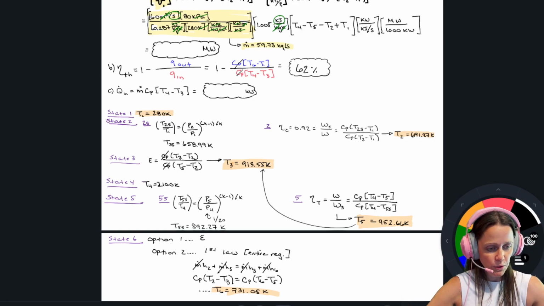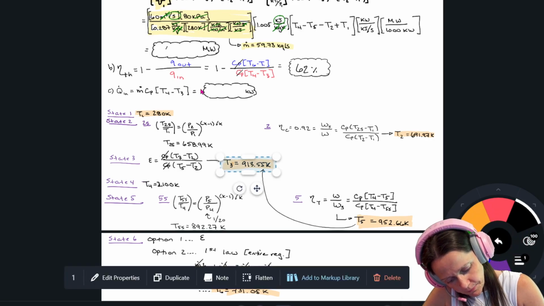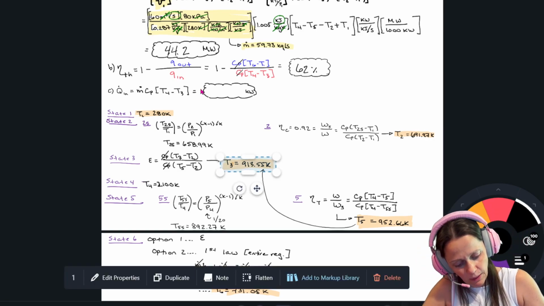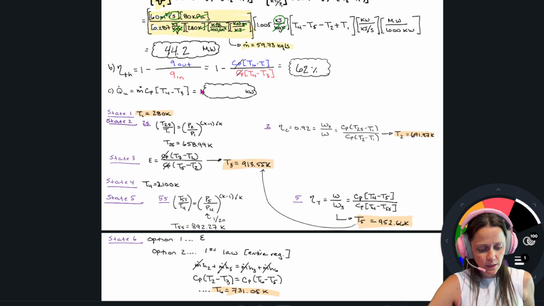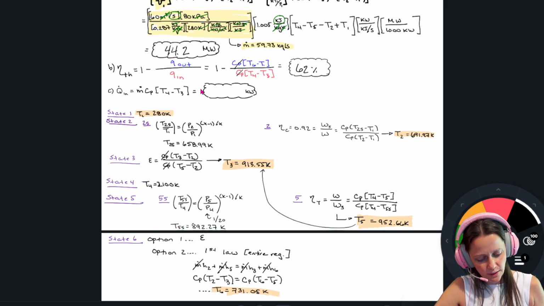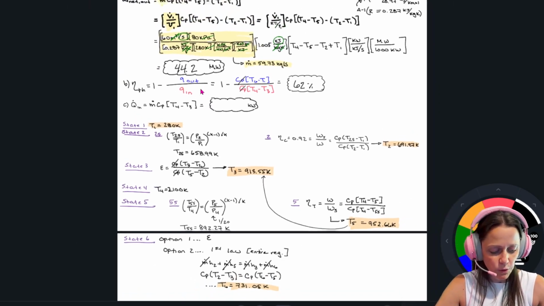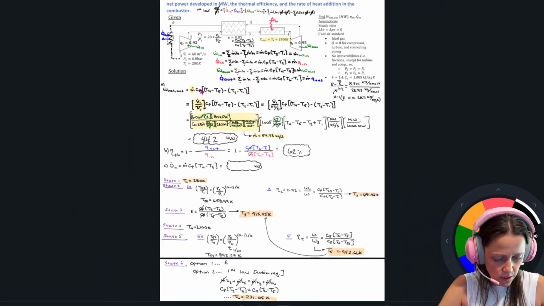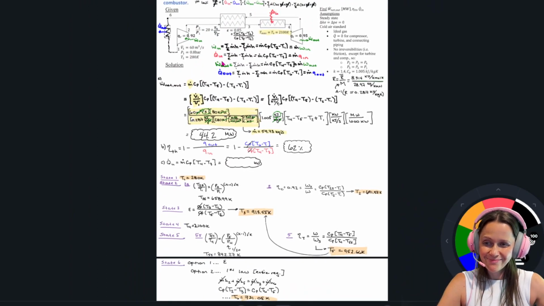I've got 44.2 megawatts. So you should just be able to plug in and calculate that Q dot N. Just plug and chug. If you would like to take a screenshot like that. All right, let's go to next problem.